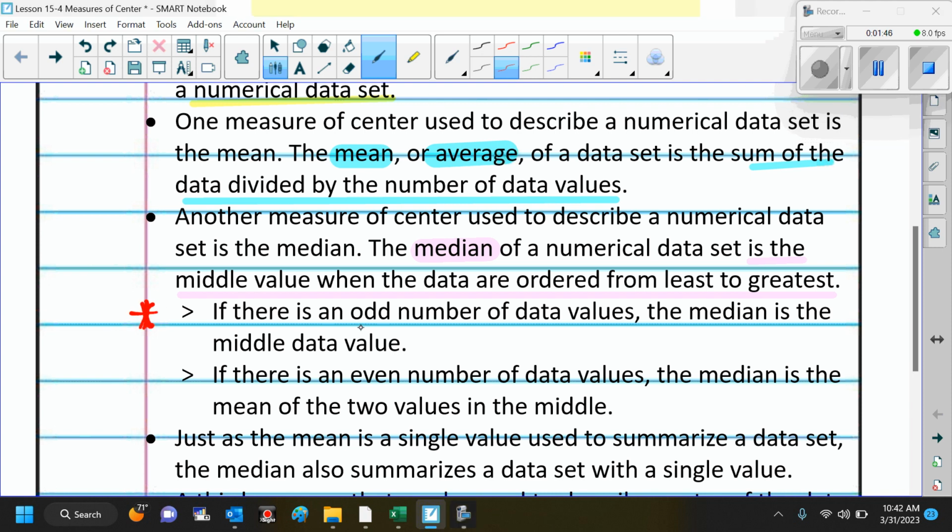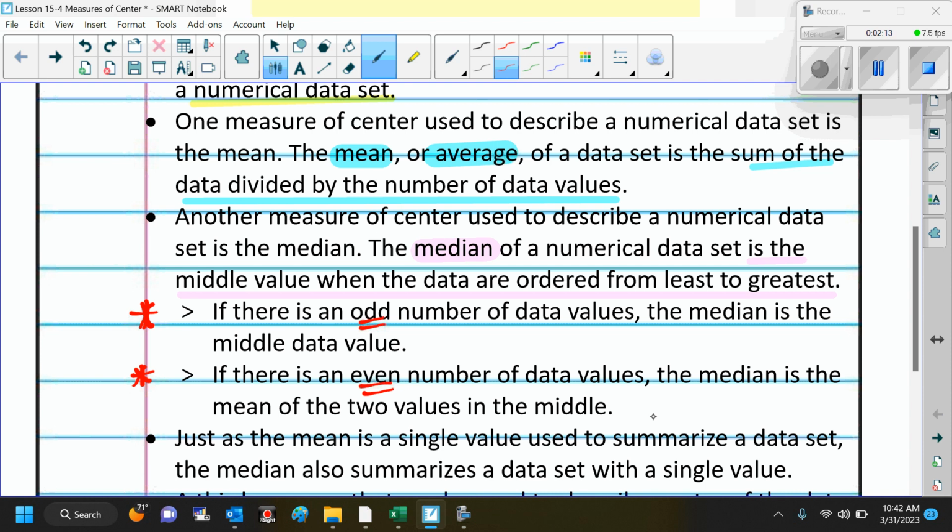If there is an odd number of data values, so that means if you have 5 numbers, for example, the median is the middle data value. Now, this is where you have to do some calculations if there is an even number of data values. If there's an even number of data values, the median is the mean of the 2 values in the middle.